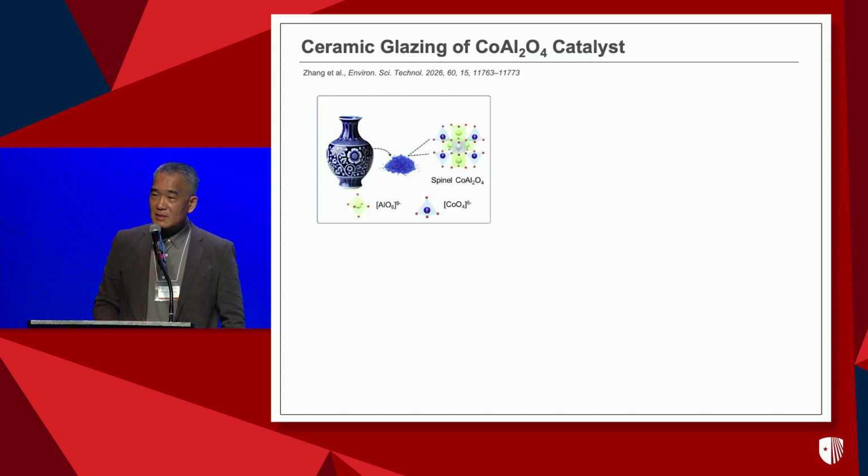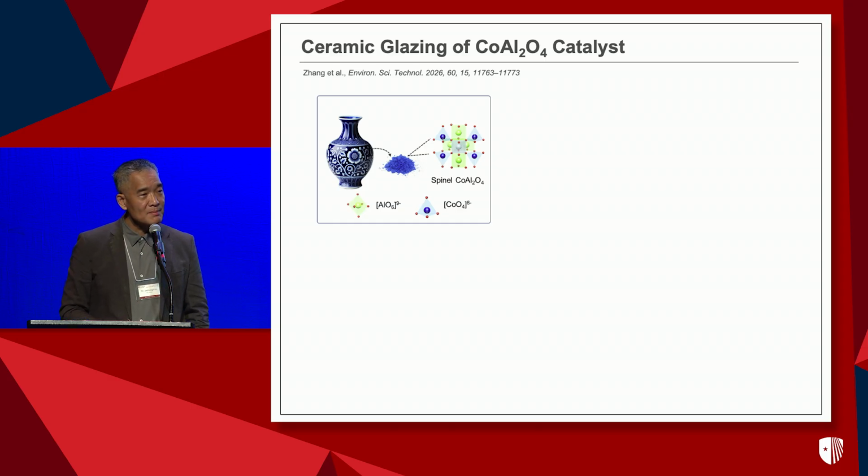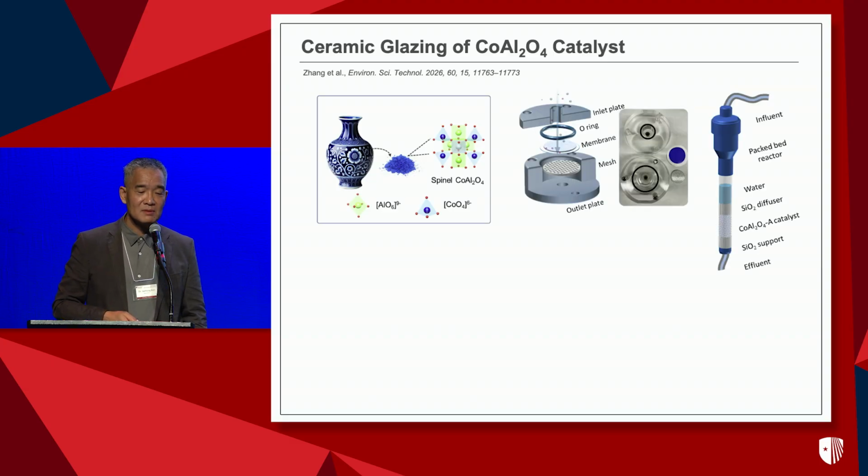When we talk about making cobalt material super stable, we remember that people have been using cobalt from ancient times and it is still stable, right? Like in China, I'm sure you have heard about cobalt blue, which used to be a really expensive material in older days. It is cobalt, and it stays super strong. So we made this ceramic glazing concept.